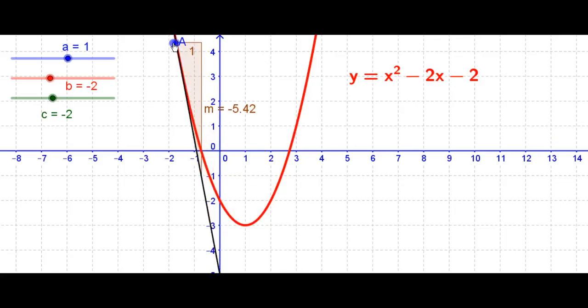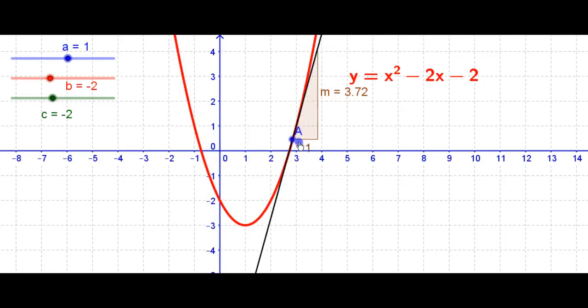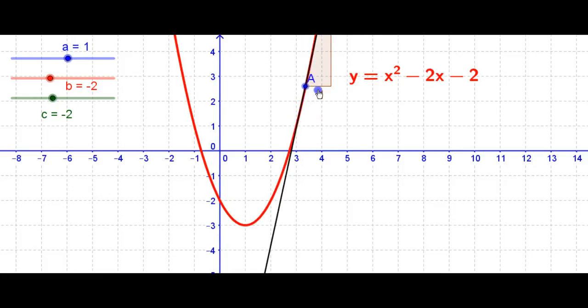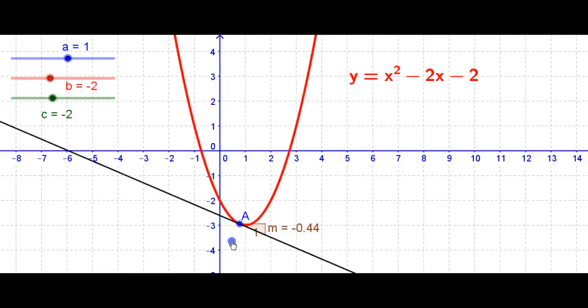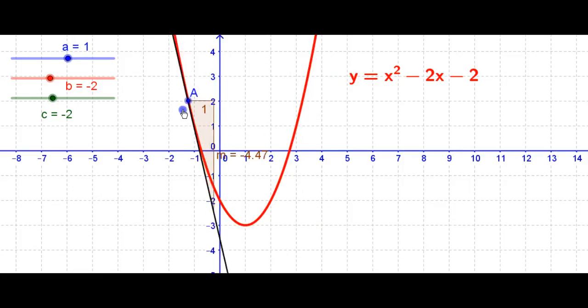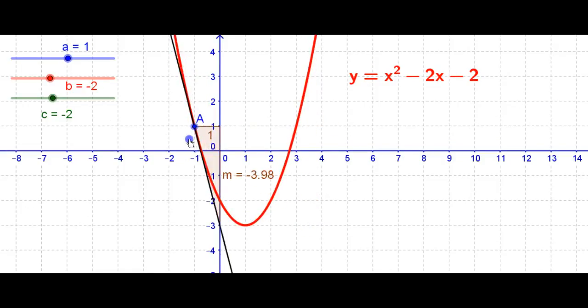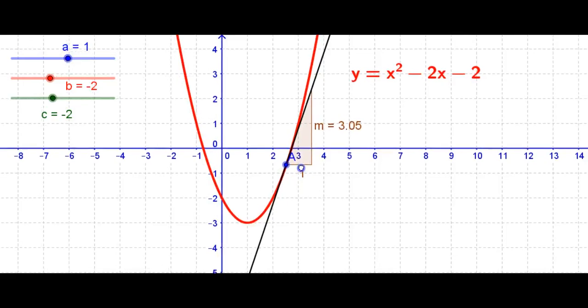So the gradient is not equal throughout the curve. And so it is very difficult to measure the gradient of a curve, because it rises at a point and falls at a point. And so we need to employ more technical mathematics to deal with the gradient of a curve. And that is the reason for calculus or differentiation.